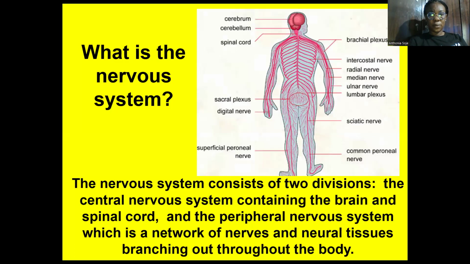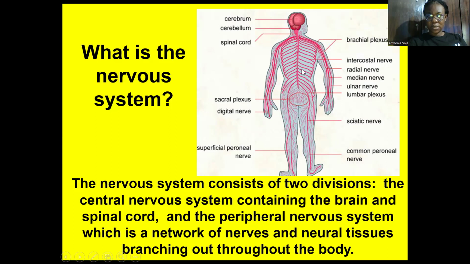By way of introduction, the nervous system consists of two divisions: the central nervous system, which contains the brain and the spinal cord, then the peripheral nervous system, which is a network of nerves and neural tissues that branch out throughout the body, as we can see here. There's the brain and the spinal cord here.